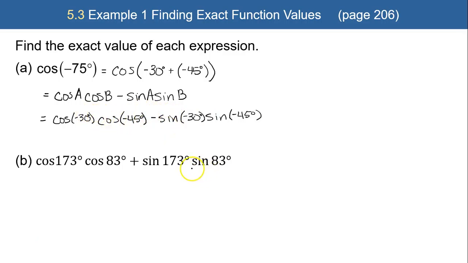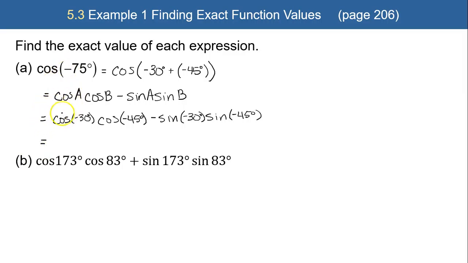Okay, so now since we should know the values of all of these cosine and sine functions we have here with our angles, we can go ahead and replace the cosine of negative 30 with what it is equal to. And you can use your unit circle to help you in figuring out what each of these are equal to.